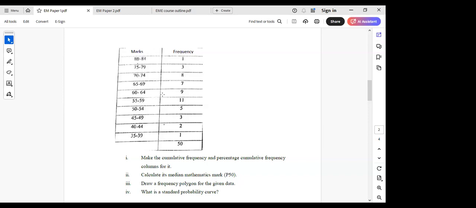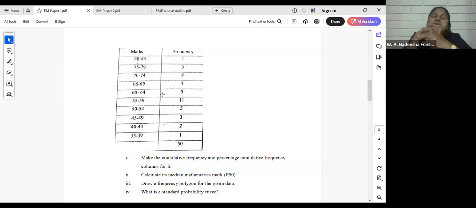Apply the equation. Yes, we have to apply the equation.